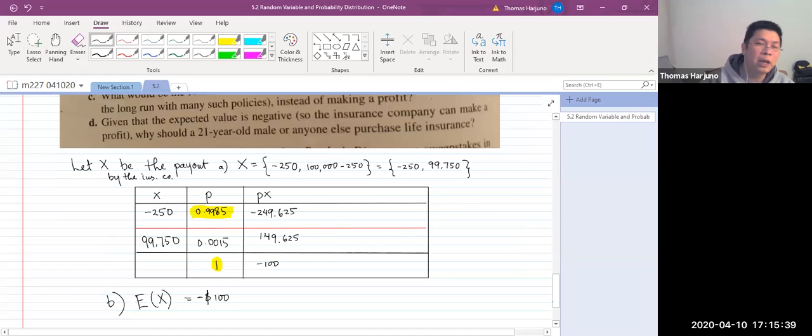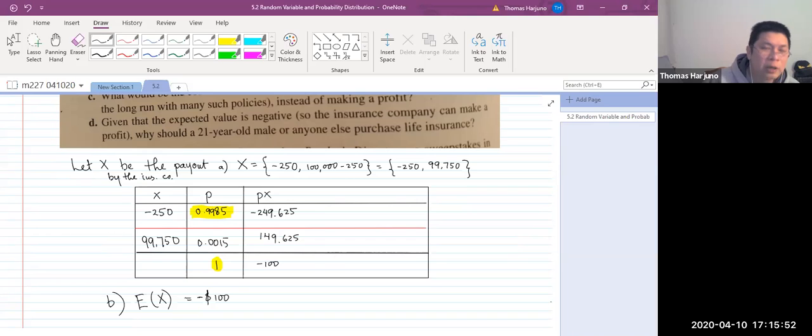So if you have many 21-year-old male buying this policy, then on average, each one of them will lose $100, because it is possible that some of these 21-year-old not surviving the next 1 year, right? So they get the payout. But on average, they will lose $100 per 21-year-old male.